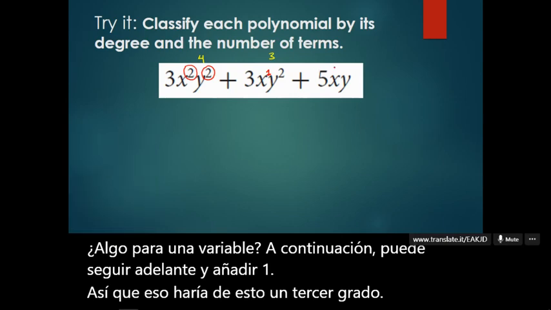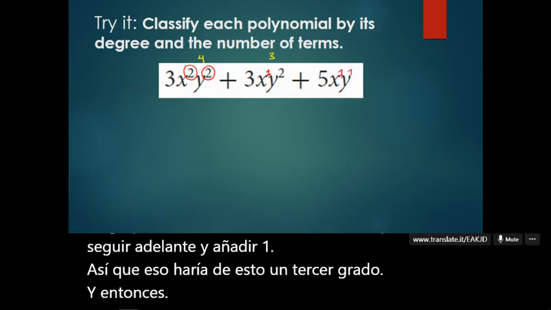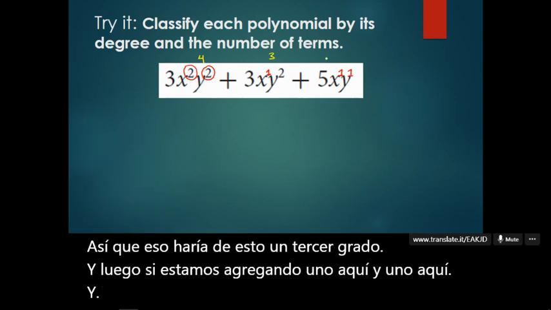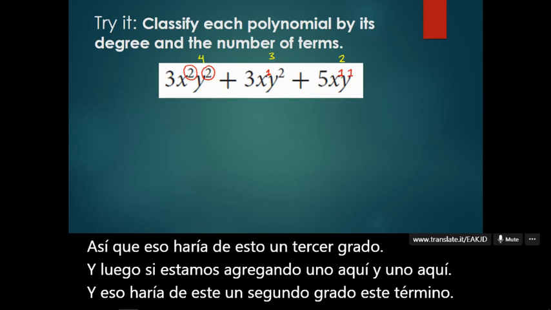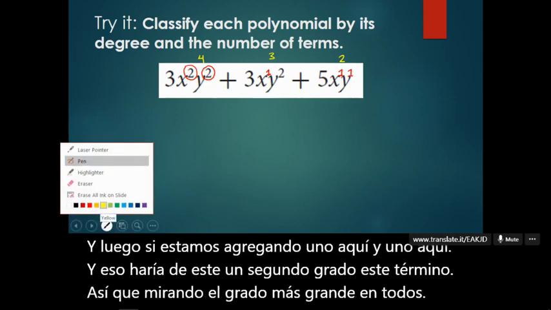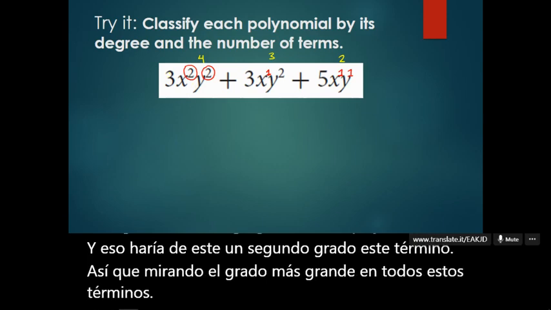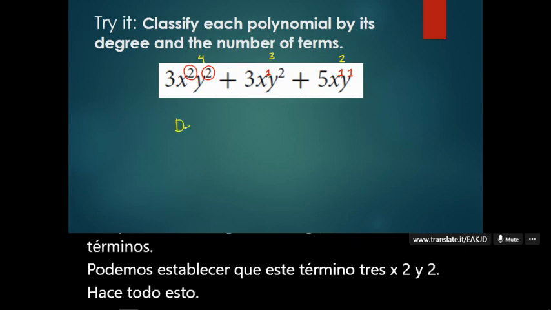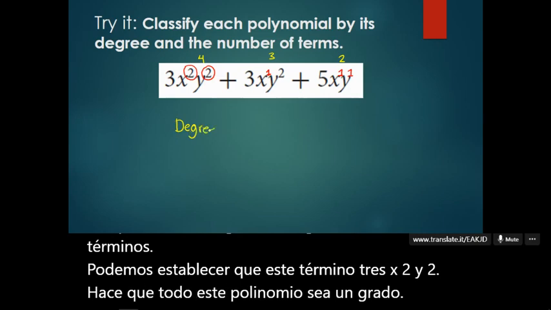And then if we're adding 1s here and 1 here, that would make this term a 2nd degree. So looking at the largest degree in all of these terms, we can establish that this term, 3x squared y squared, makes this entire polynomial a degree 4.